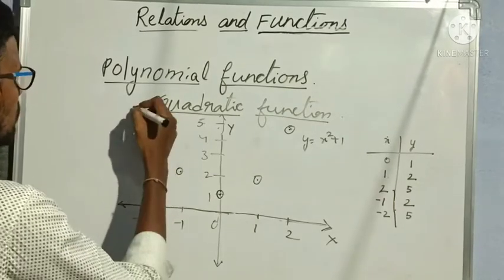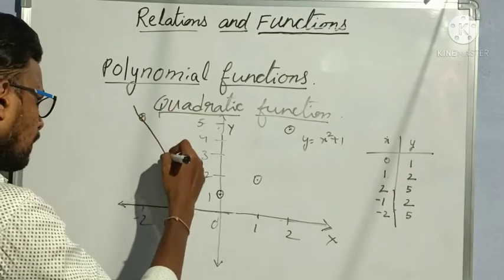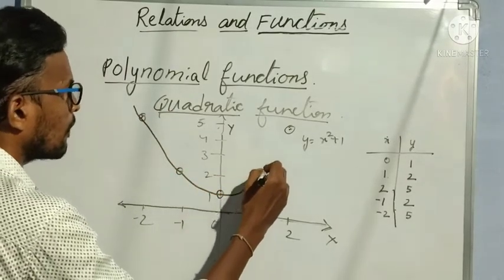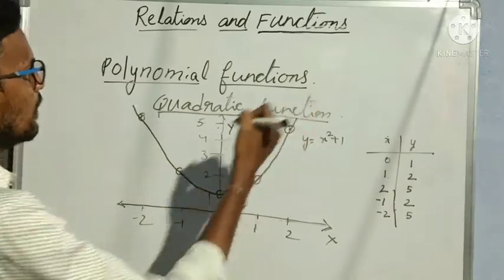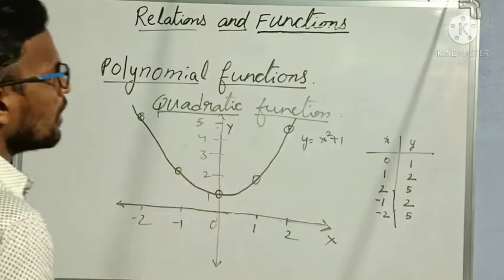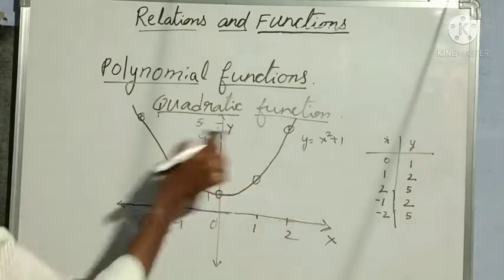So if I draw, then I will get a parabola like this. Now understood everybody how we are getting a parabola for quadratic function? Yes, this is how we got quadratic function as a parabola.